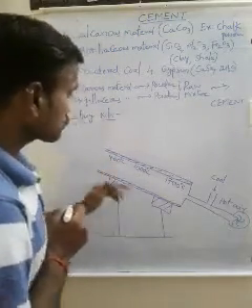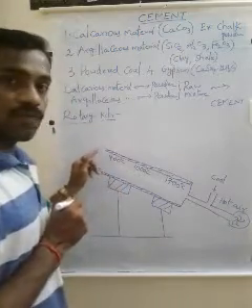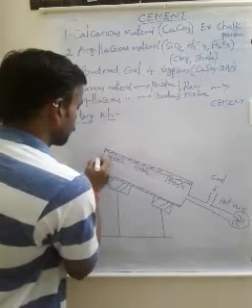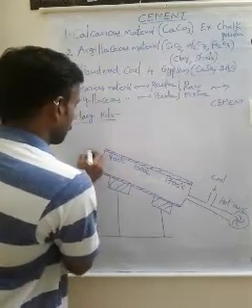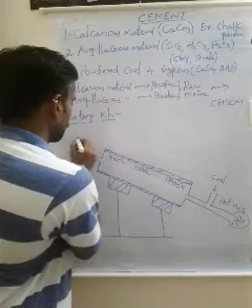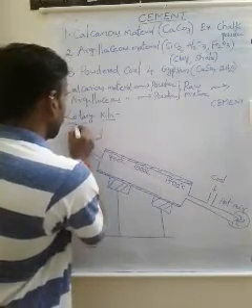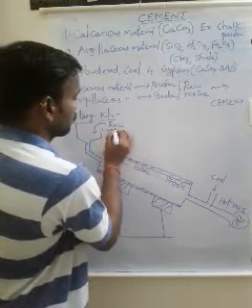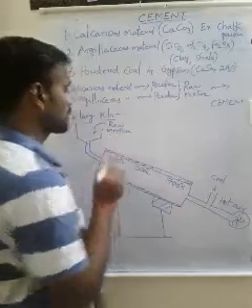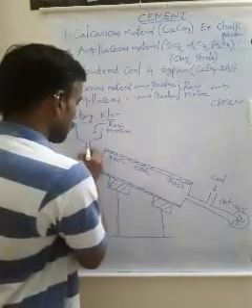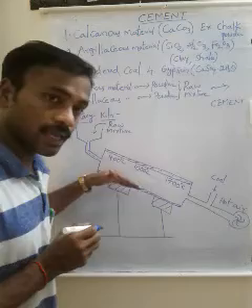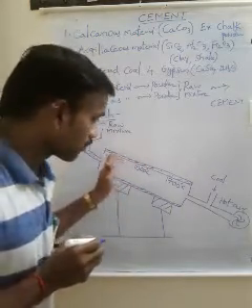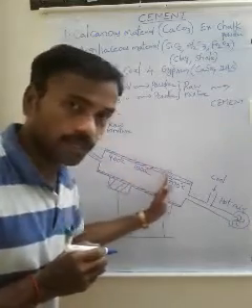Now, from the top end of the kiln, raw mixture is introduced. As the kiln is inclined and rotated, the raw mixture slowly descends from upper end to lower end.